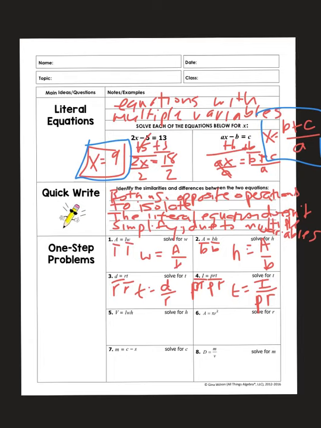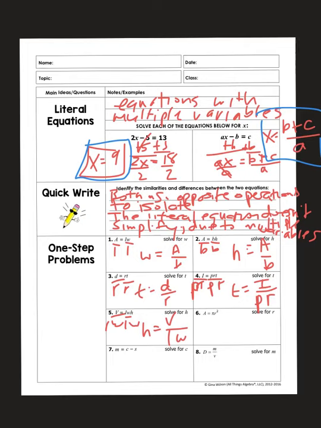Easy peasy, lemon squeezy. Number 5, solve for h. Well, L and W are being multiplied by h. So how do we get rid of them? We divide. So h equals V divided by LW.